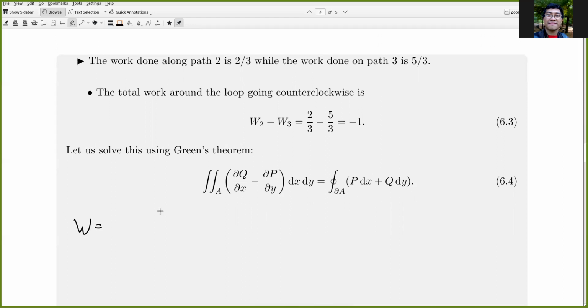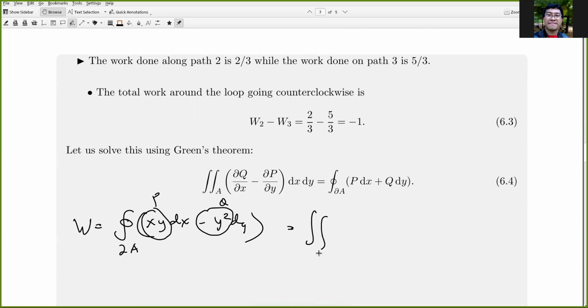So the work done is the integral over the closed loop of xy dx minus y squared dy. So this xy is our P, and this negative y squared is our Q.